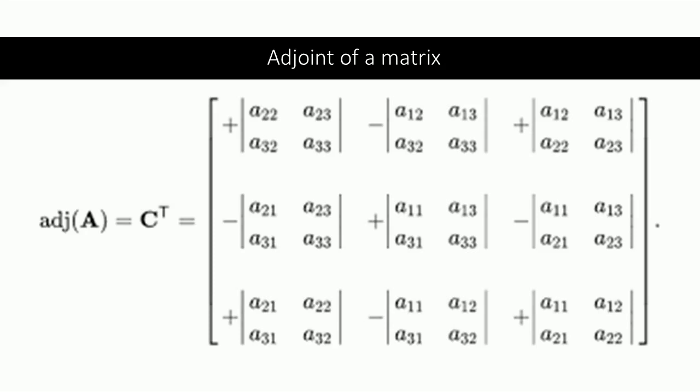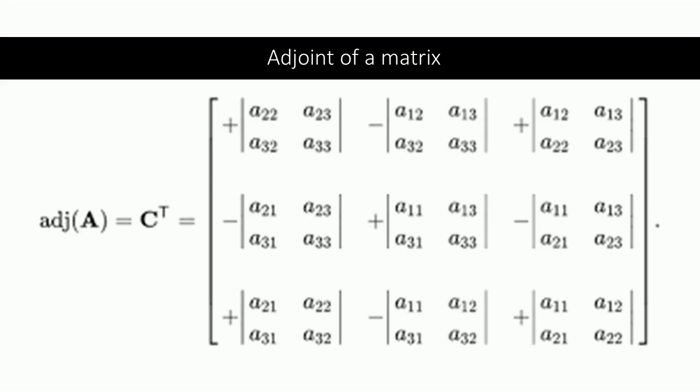So we can see that this one, A22, A23, A32, A33, is the minor of A11, so the sign is plus, which makes it the cofactor. So the minor plus the sign it should take makes it a cofactor. If you get the cofactors and take the transpose, then you have an adjoint.